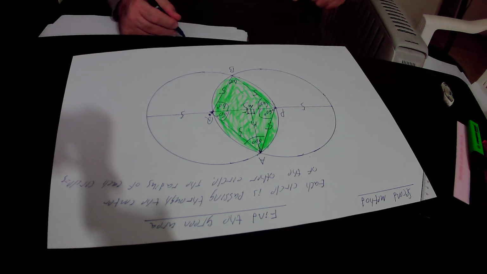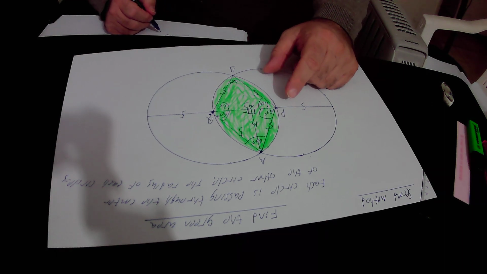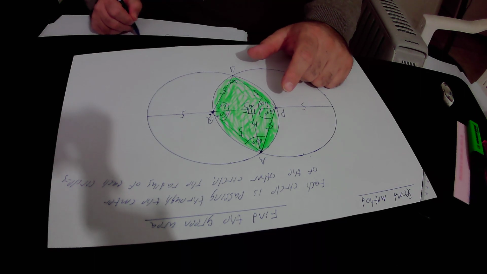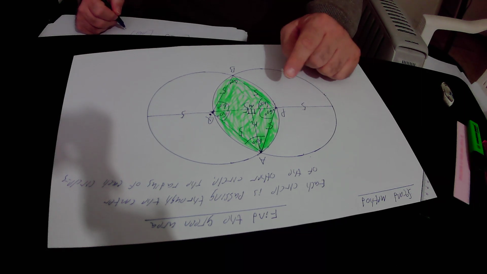The area of segment QB will be equal to the area of sector PQB minus the area of triangle PQB.